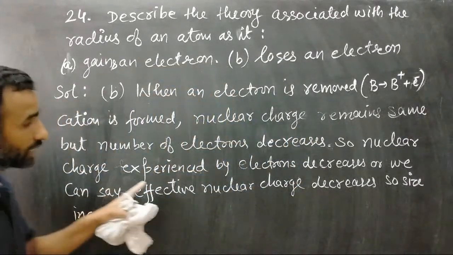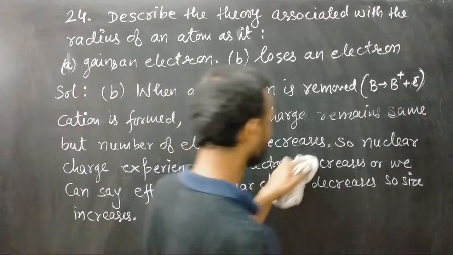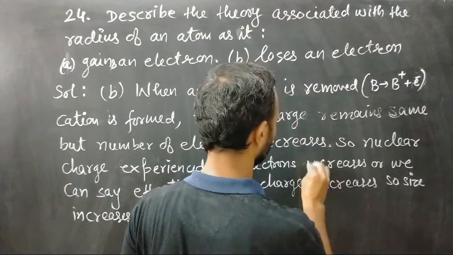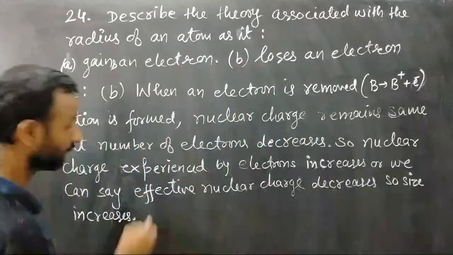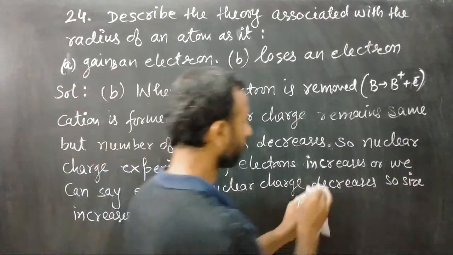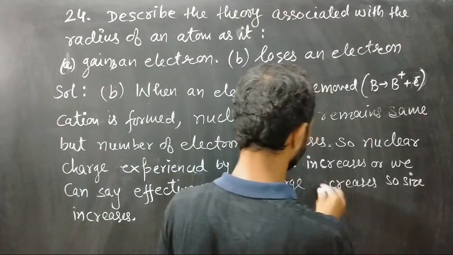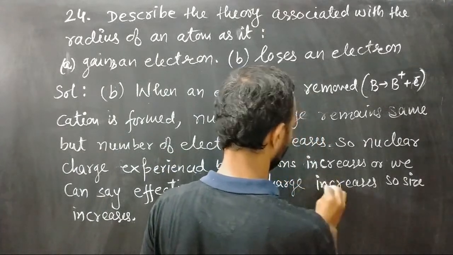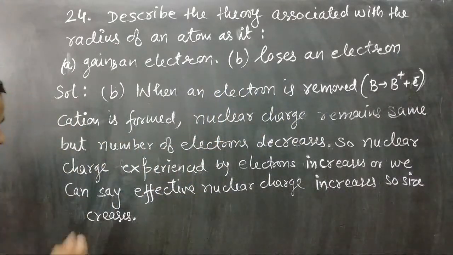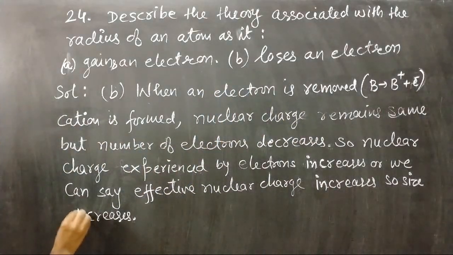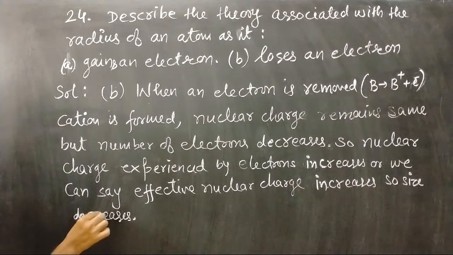So nuclear charge experienced by electrons increases, or we can say effective nuclear charge increases. So size decreases.